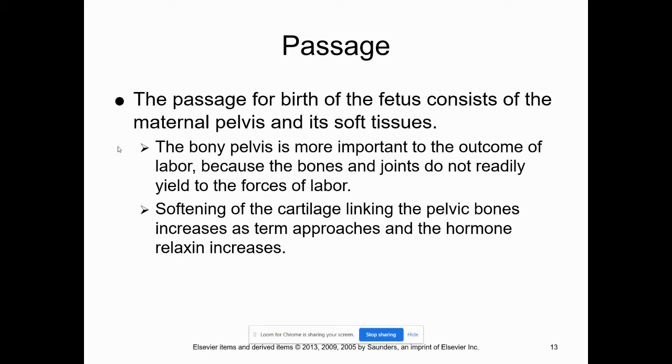The cartilage that links the pelvic bones starts to become more relaxed and softened as we get closer to term. A hormone named relaxin is secreted, and it helps there to be a little bit more play or movement amongst those bony parts.